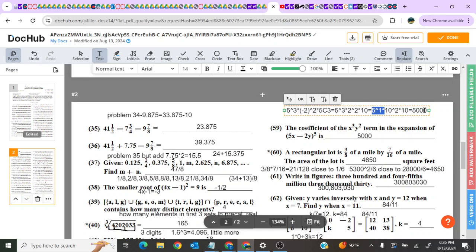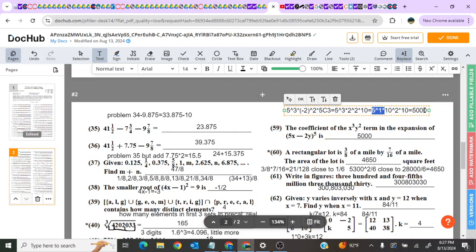Well, we don't need to deal with something that weird, so just 5,300 squared. It's going to be pretty close to 2,800 if you remember how squares close to 50 work. 2,800 over 6. Divide that and you get a value of around 4,650. And that should get you in range.